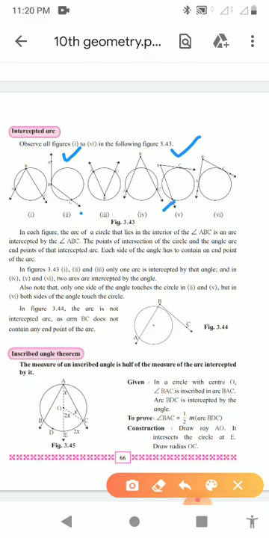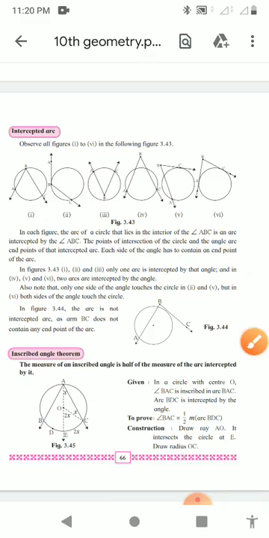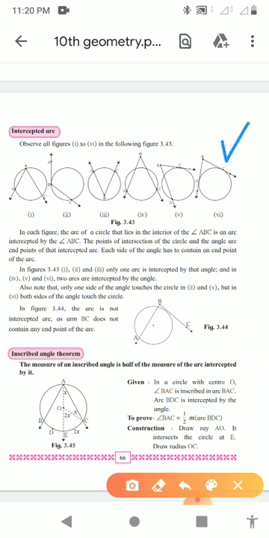In diagrams 2 and 5, only one side of the angle touches the circle. But if we observe diagram 6, the last diagram of this group, both sides of the angle touch the circle. So this side AB and this side BC are both touching the circle at points A and C respectively.